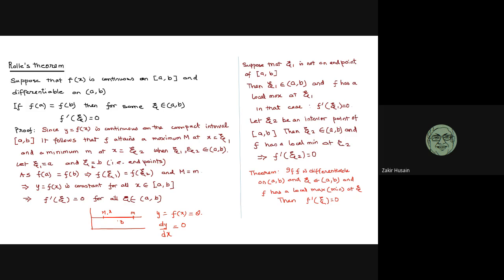Okay, so if yes. Sir, I have a question. Why are we taking epsilon 1 equal to A and epsilon 2 equal to B? You can reverse it. It doesn't matter. Sir, but we'll have to take the endpoints only. No. If you reverse it, what will happen?